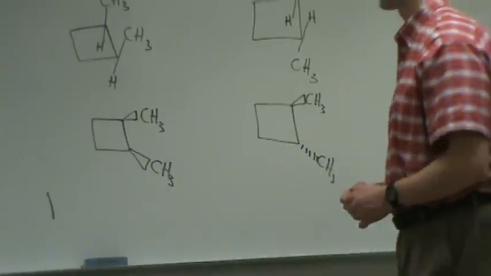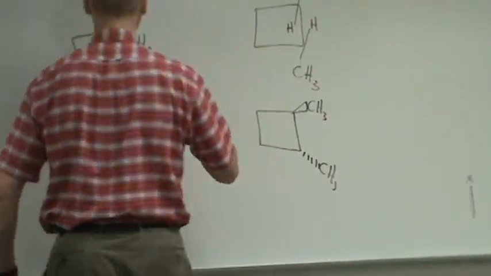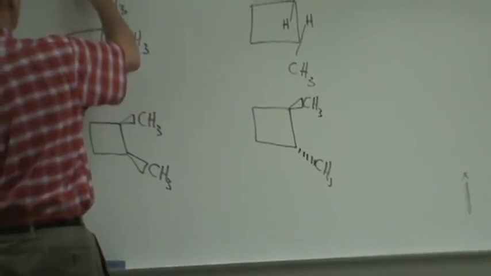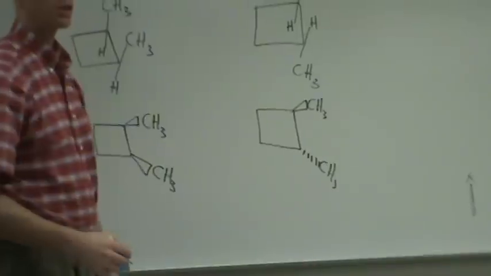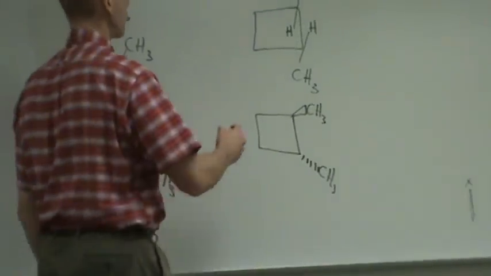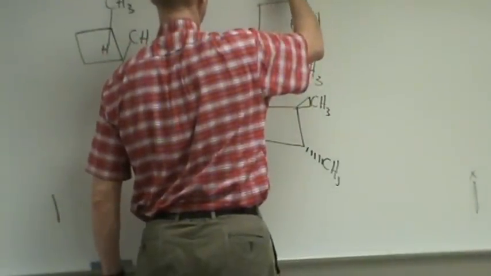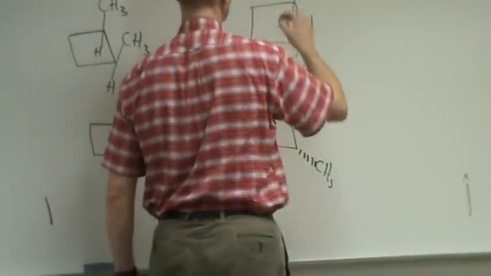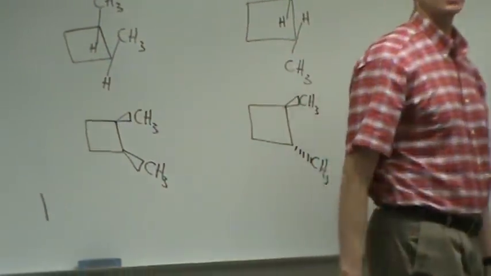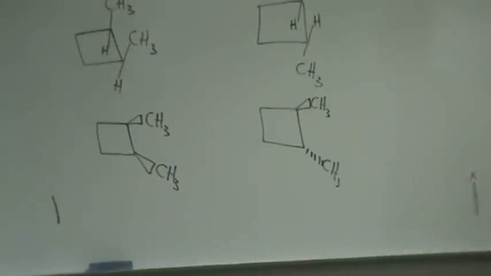So if they're on the same side of the ring, this is your cis isomer. If they're on opposite sides of the ring, this is your trans isomer.